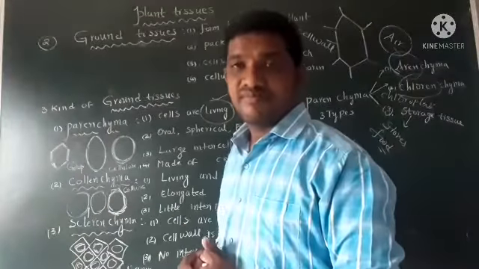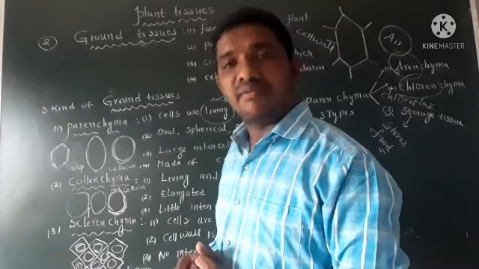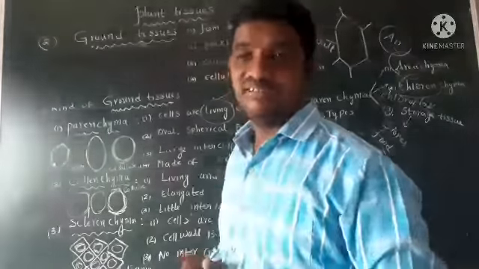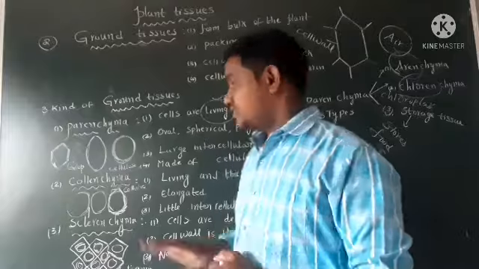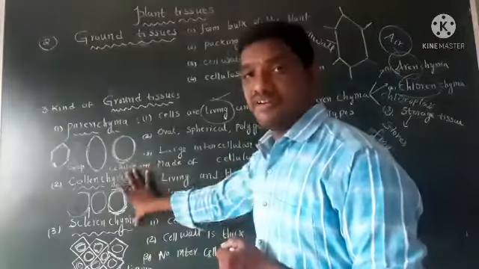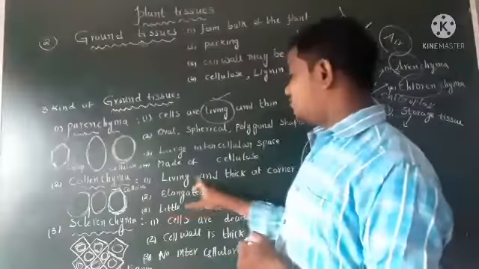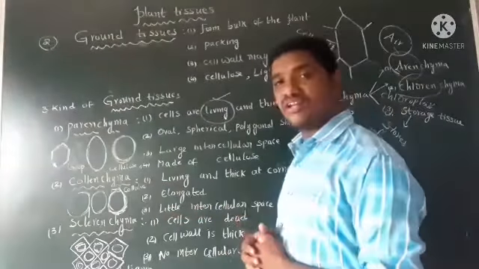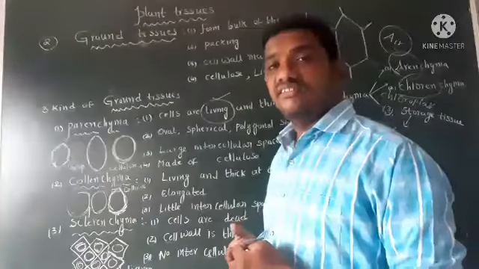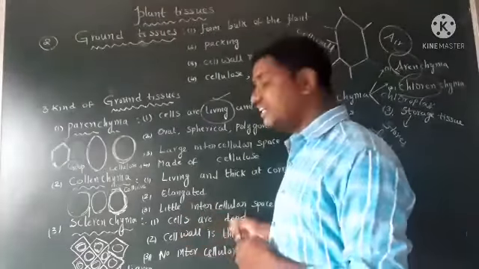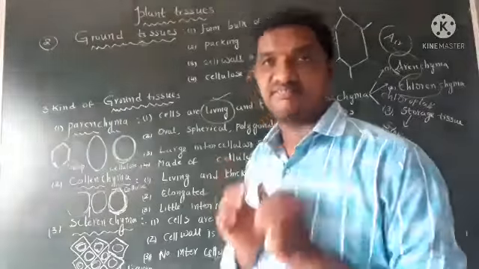Sometimes it's made up of suberin. Those two belong to complex carbohydrates. That is about collenchyma. Collenchyma cells are living, thick at the corner. It has elasticity, elongated cells, and little intercellular space is present.